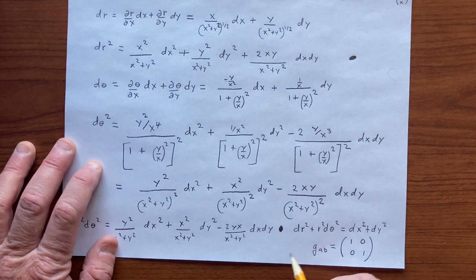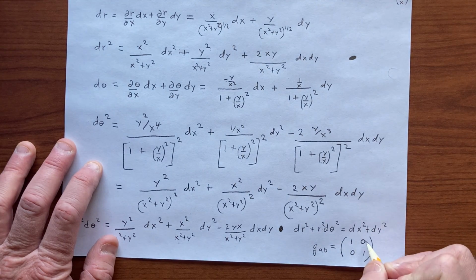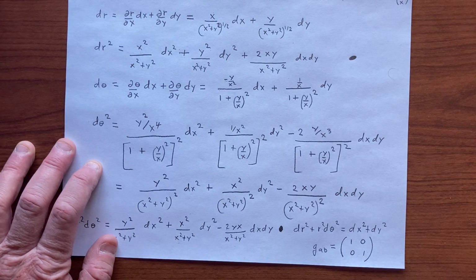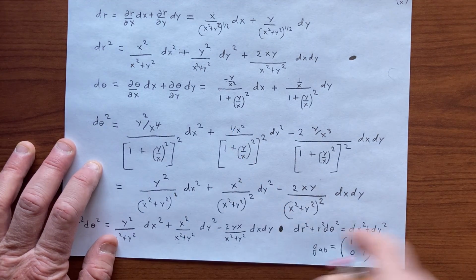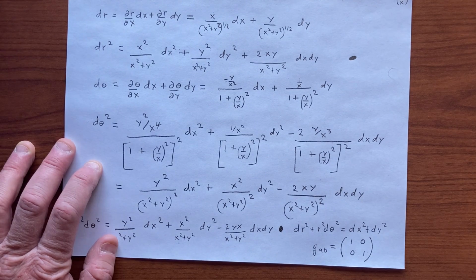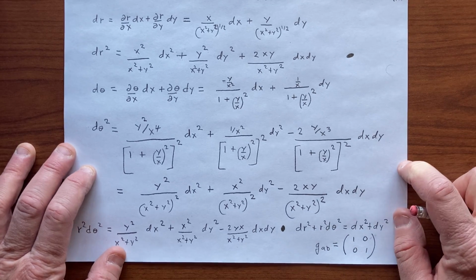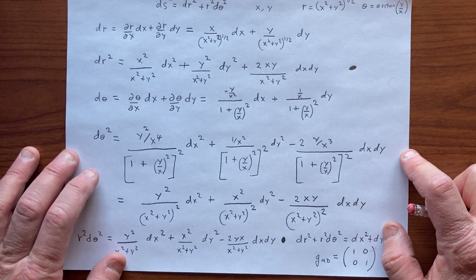And in these other coordinates, r and theta, we have 1, r squared, 0, and 0. Perhaps it wasn't obvious that that was a flat space, but the point is that we can do this transformation and show that the metric can be placed into this form, indicating that we're dealing with a flat space.